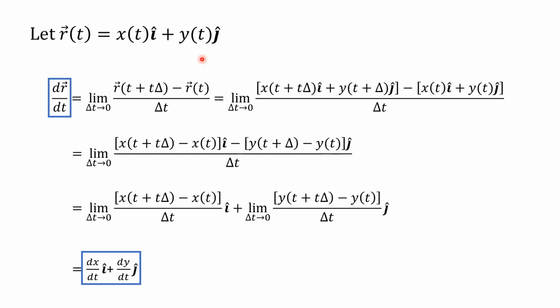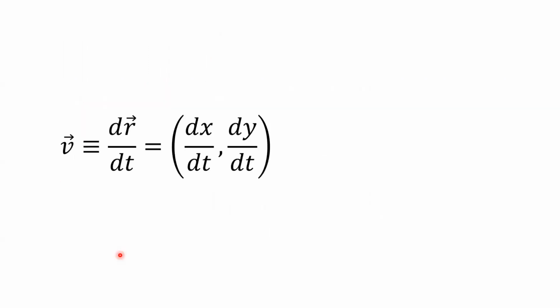For instance, if you want to use polar coordinates, we may look at that briefly later in the semester, but almost always we will be using i and j. And if that's the case, the derivative of your vector is merely the derivative of the components. That's it. So if you happen to know how the x and y coordinates depend on time, you can just differentiate those two component functions, and that will give you your velocity vector.